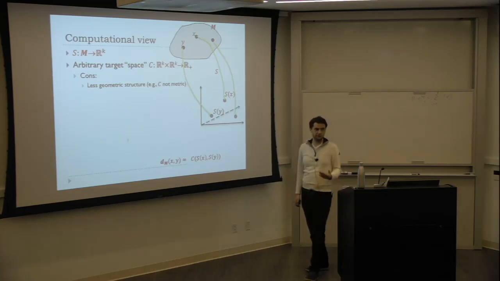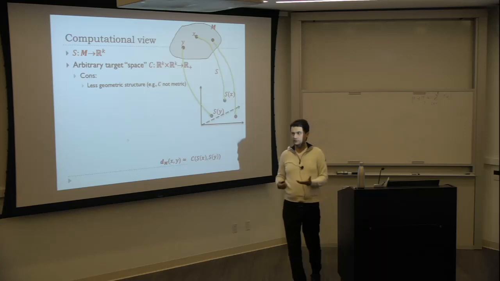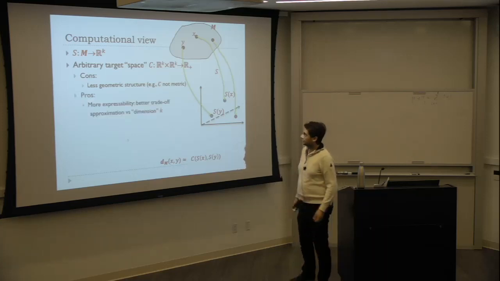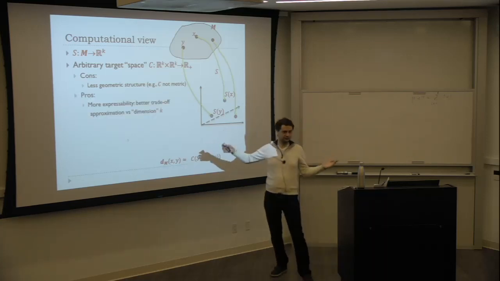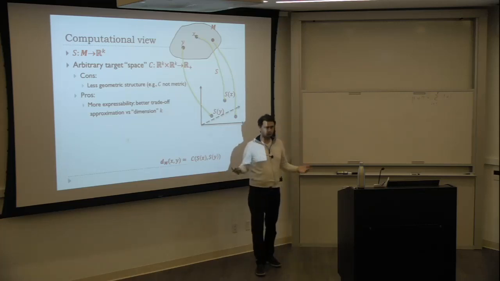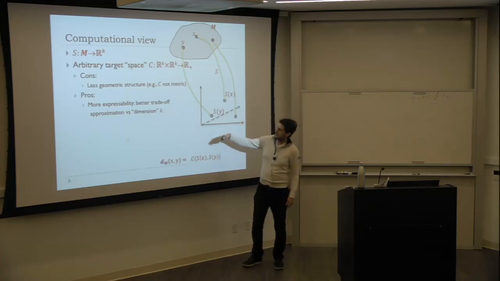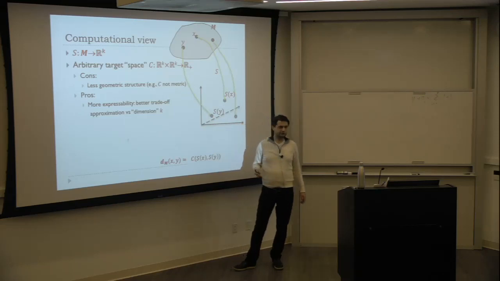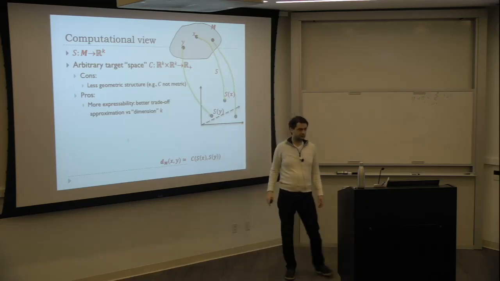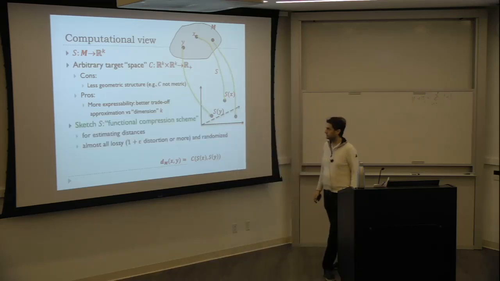So there is less geometric structure, which might hurt us in developing algorithms. On the other hand, once we generalize the notion, it is more expressive. Perhaps we can do better trade-offs than if C were forced to be a metric.